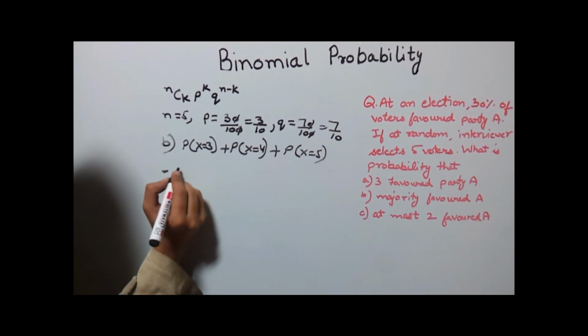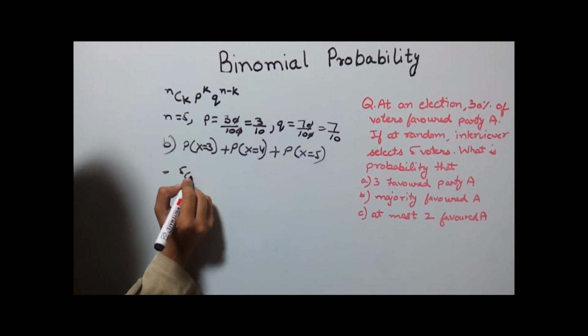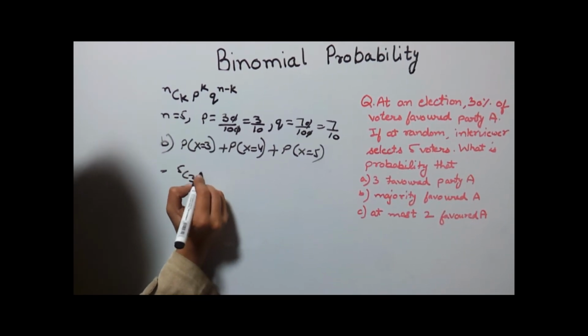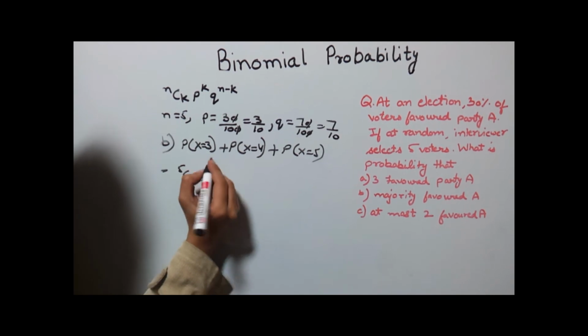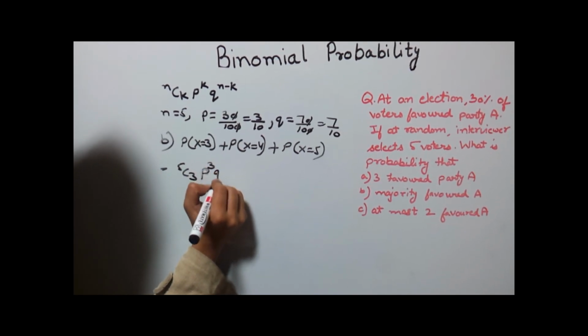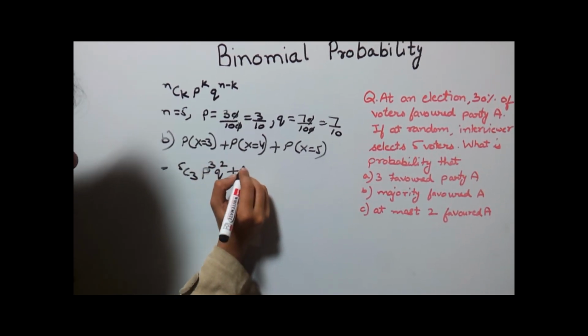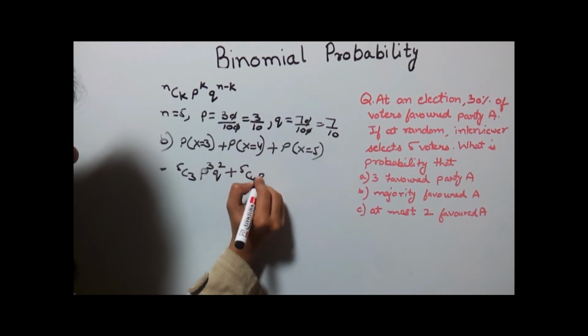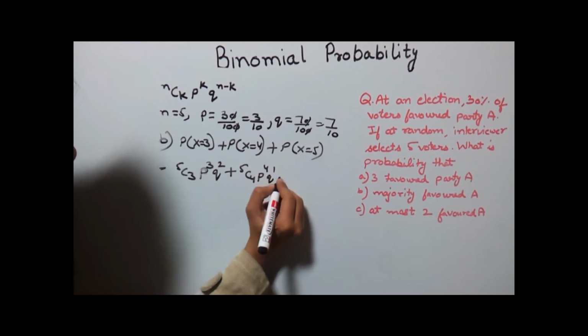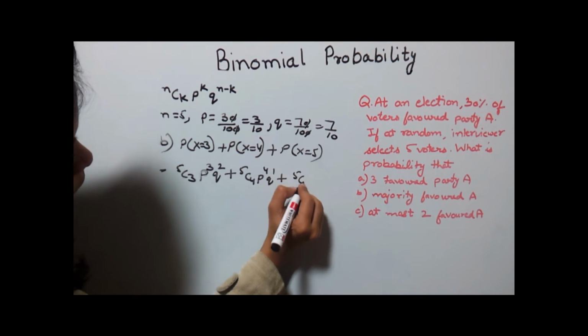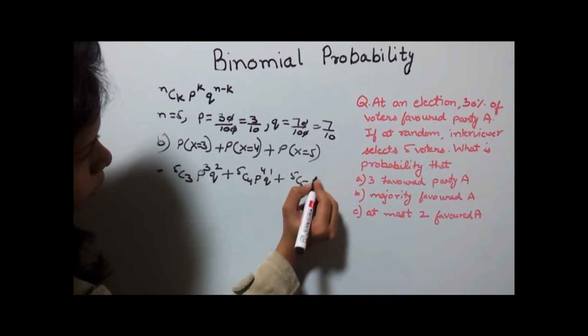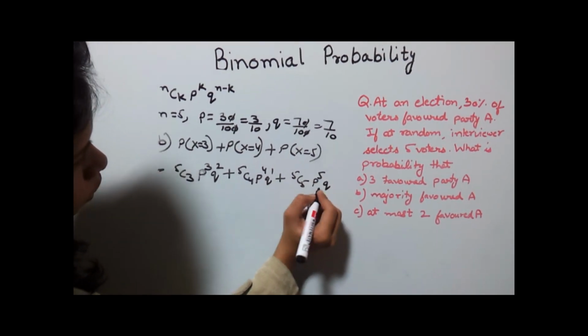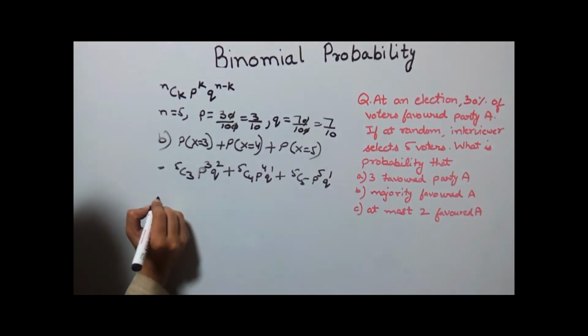Putting formulas for all gives us 5C3 into p to the power 3 into q to the power 2, plus 5C4 p to the power 4 into q to the power 1, plus 5C5 into p to the power 5 into q to the power 0.